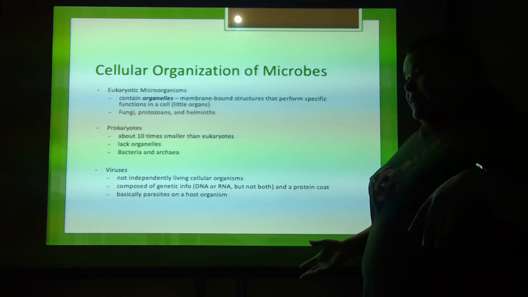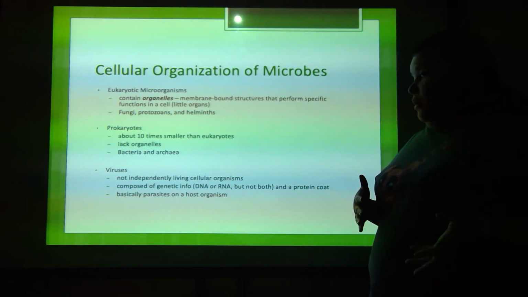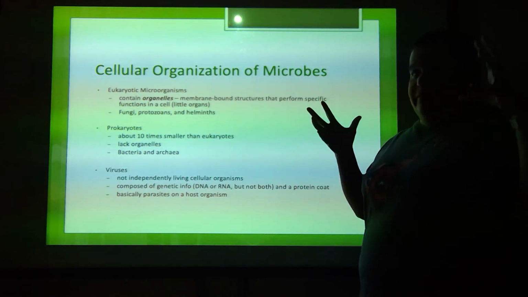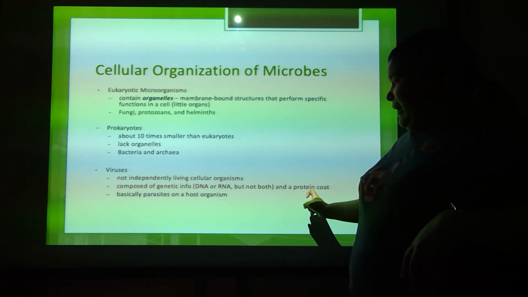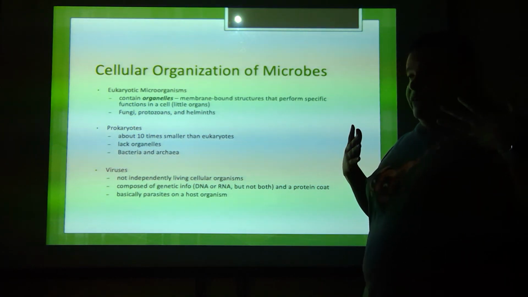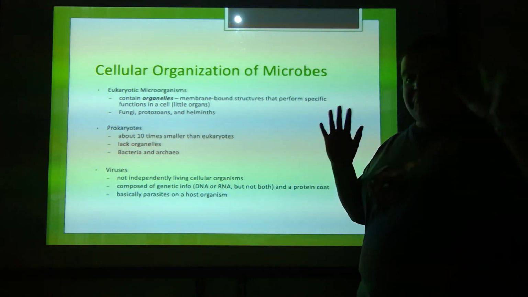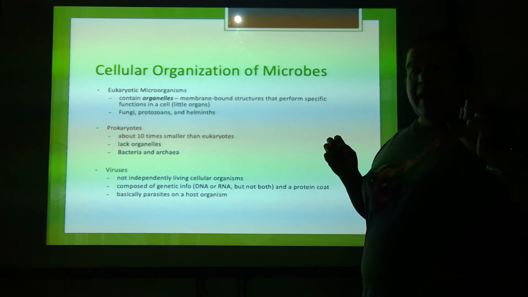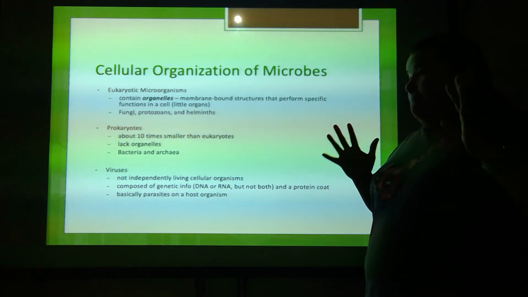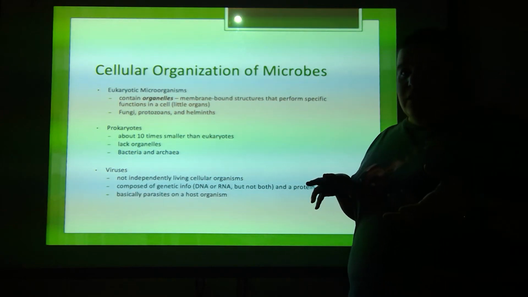They're composed basically of genetic information, whether that's DNA or RNA, in a protein coat packet. Okay? They don't have a nucleus, they don't have any organelles, they don't have a cell membrane, they don't have any of that. They are basically going to be parasites to your cells.